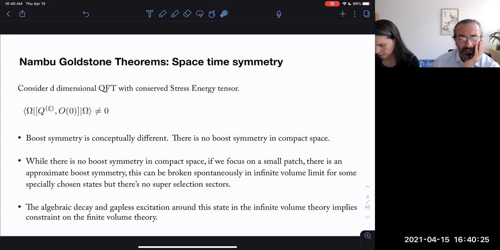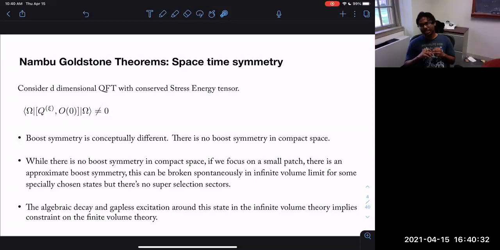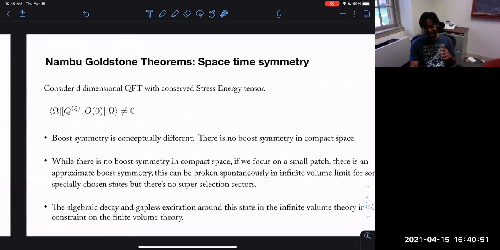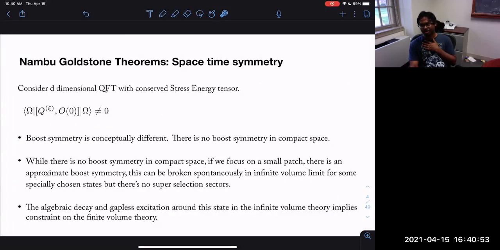I was just thinking that it seems crucial that the generator contains the X, but then maybe it's not. Oh yeah, it's crucial that the generator contains X for this to happen, because in the previous slide there is a decay x to the power minus d. And the fact that there is no superselection sector is related to the fact that there is no notion of boost symmetry in the compact space. Yep.